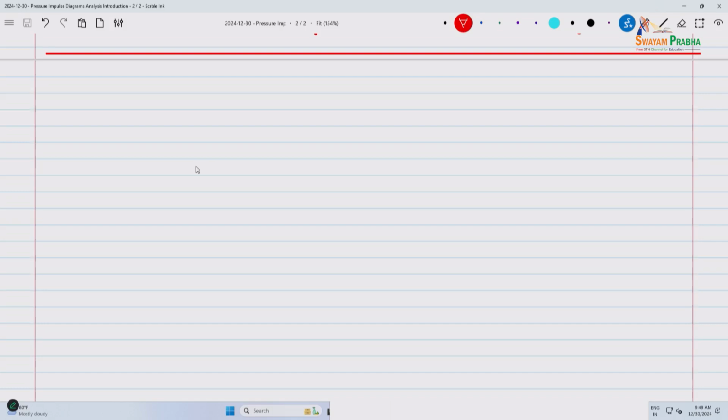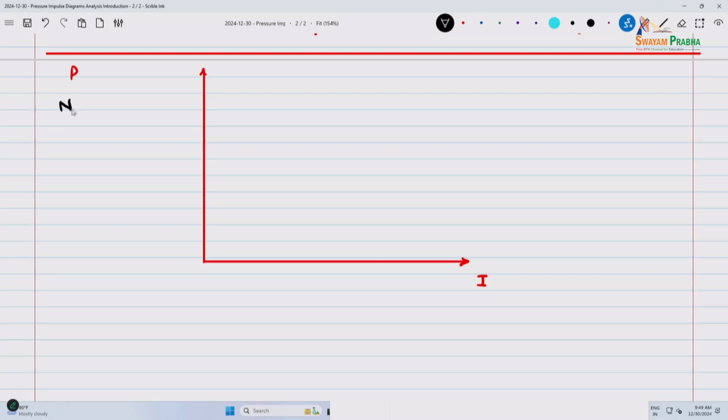But we also talked about the different regions of a PI diagram. So this is the normalized pressure value in the y-axis, and this is the normalized impulse.